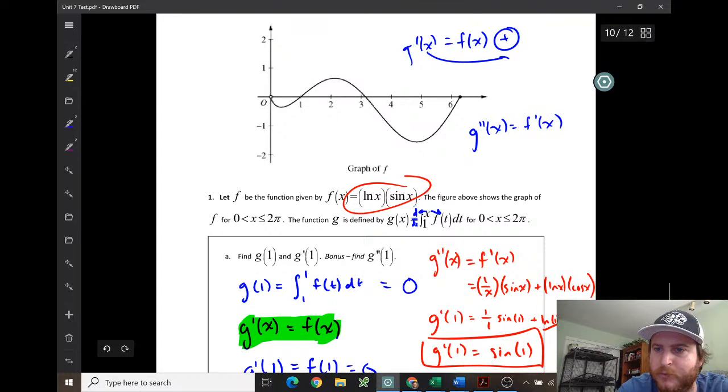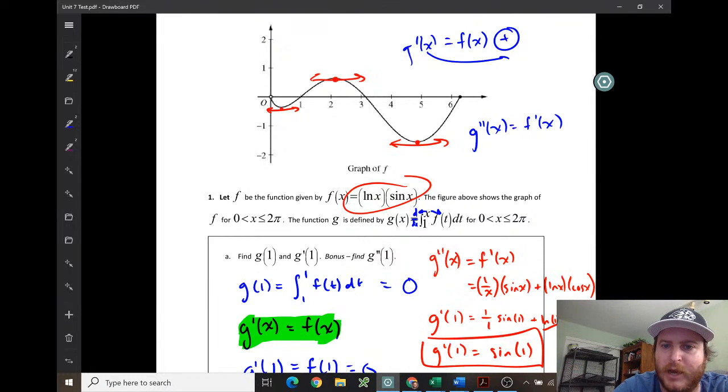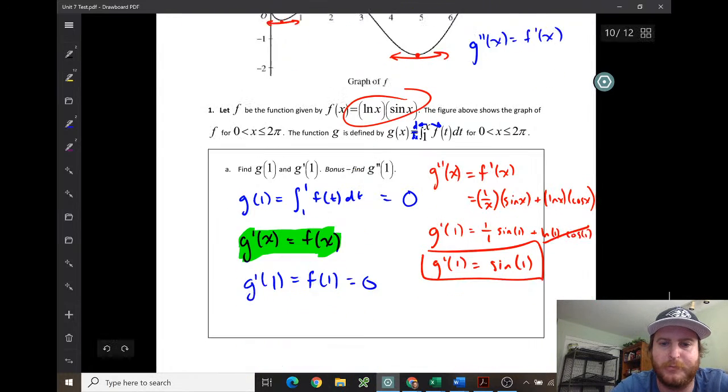That would be basically when f switches between increasing and decreasing. The graph goes from increasing to decreasing, and then somewhere in here, the graph goes from decreasing to increasing. So that happened 3 times where g double prime, equal to f prime of x, changed.